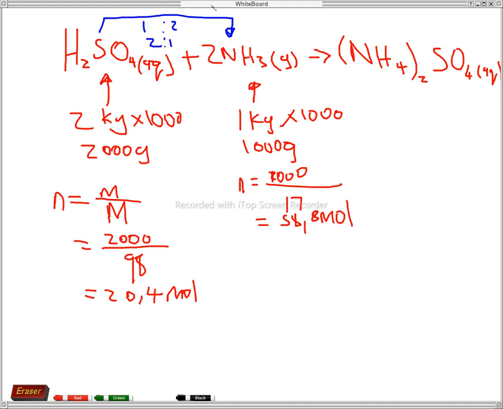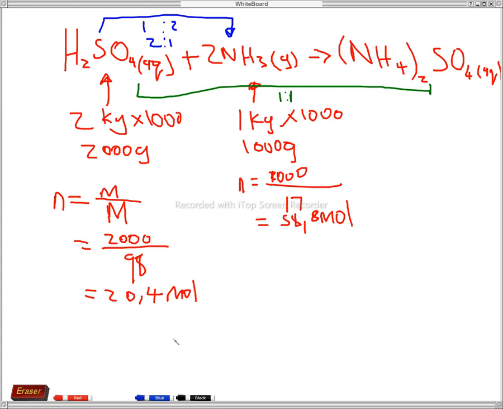And I'm going to do the ratio again for the reactants and the products. So my second ratio, using this one and this one: look at the number of moles here, it's 1, and here is also 1, so the ratio here is going to be 1:1.